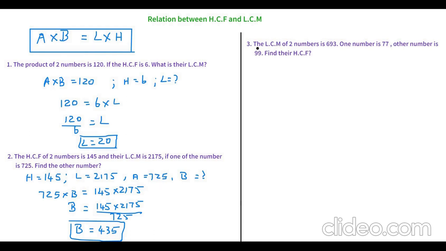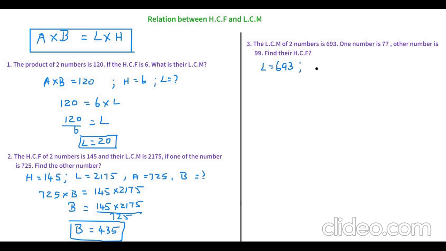The third example is the LCM of two numbers is 693. One number is 77. The other number is 99. Find their HCF. Now HCF has been asked. So we know the LCM, so L equals 693.